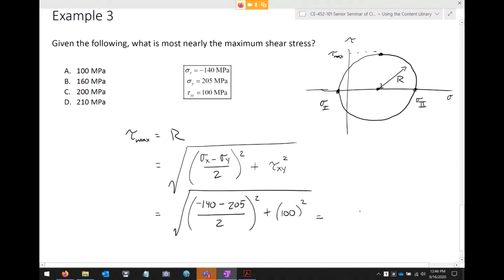And first off, the units, they're just going to be megapascals. Excuse me. 199.4.